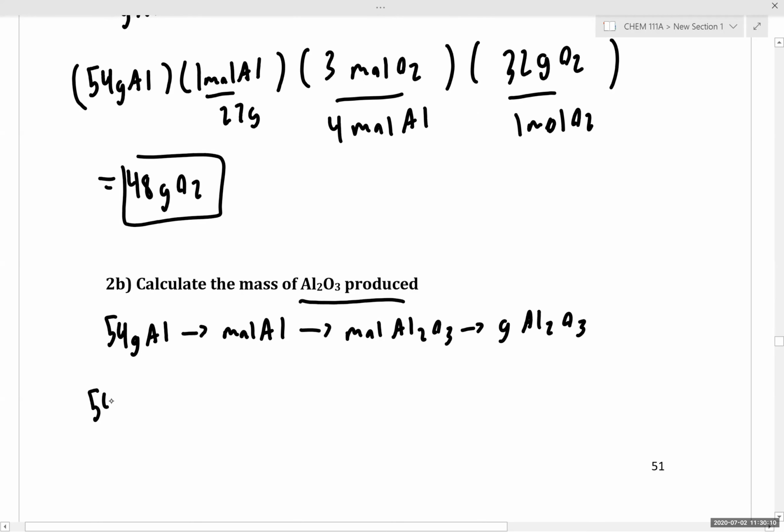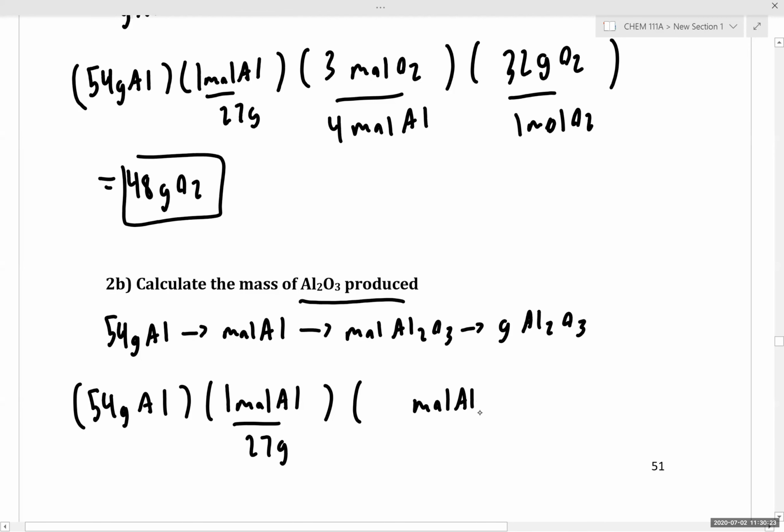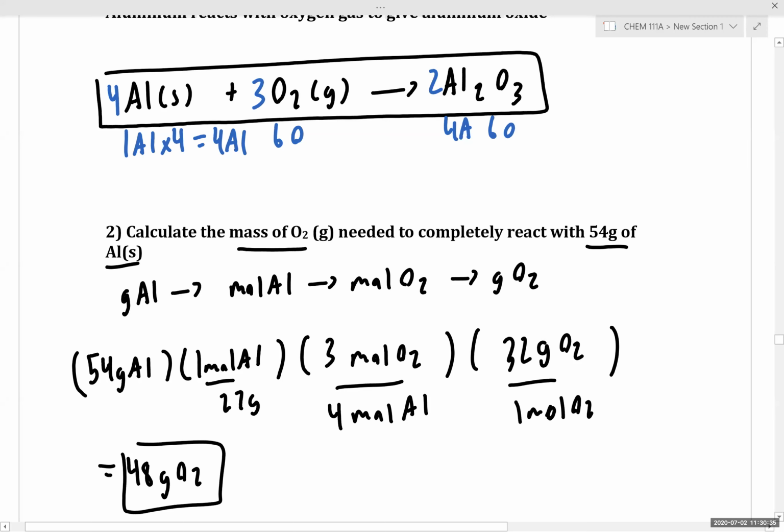So now that we have our unit conversion map established, all we have to do is execute on that. In 1 mole of aluminum, we have 27 grams. My question to all of you is, how many moles of aluminum oxide do we have per mole of aluminum? What's our mole to mole ratio of aluminum oxide to aluminum?